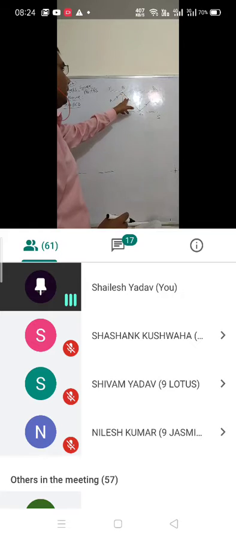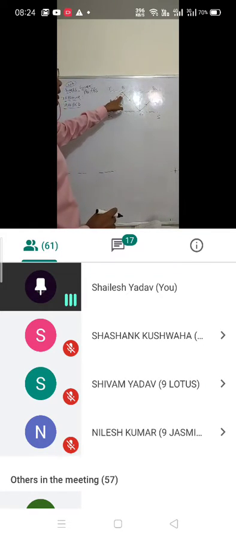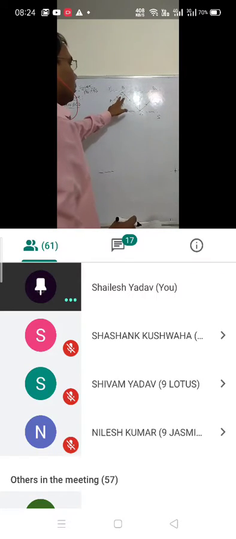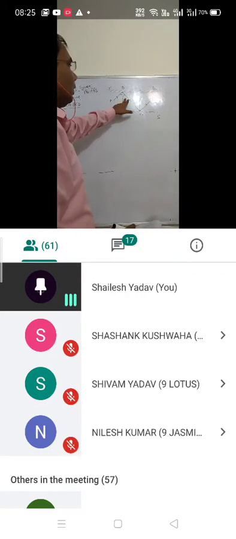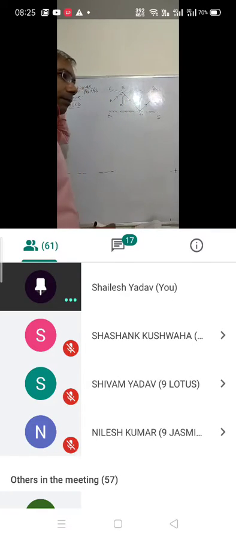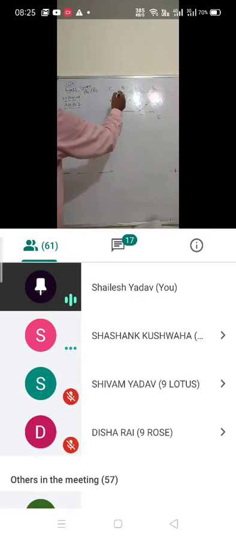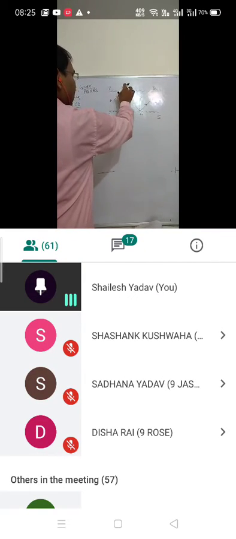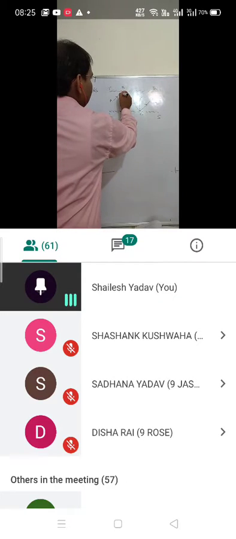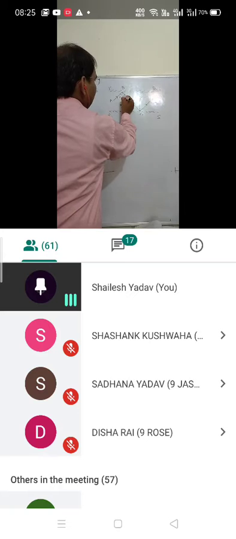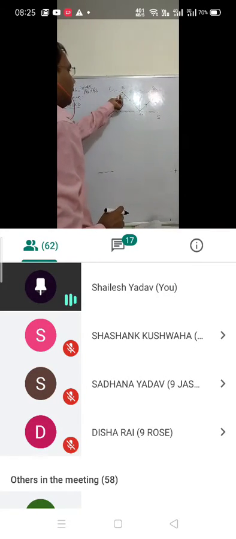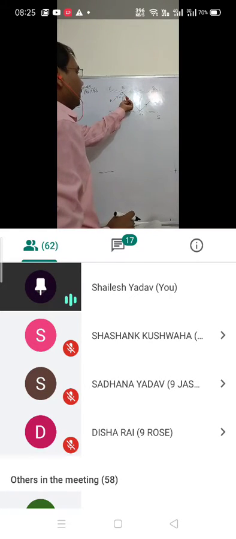Whatever the angle formed by these normals, this angle is called the angle of incidence, angle I, and this is called the angle of reflection, angle R. All of you are familiar with this: angle I equals angle R. It means if you draw a normal on the mirror, and a ray of light is incident on it, then angle I equals angle R. So if it is angle A here, then it will also be angle A there. The reason you will give is: since angle I equals angle R, whatever this angle is, the same angle will be here also.